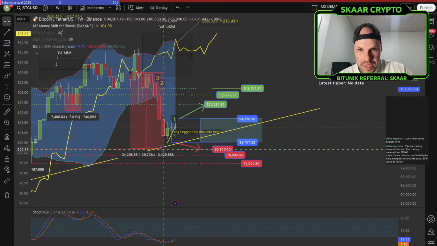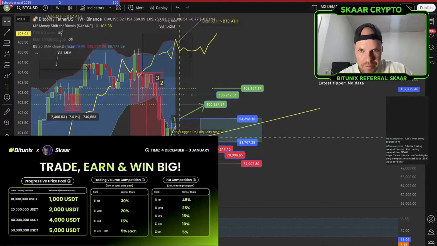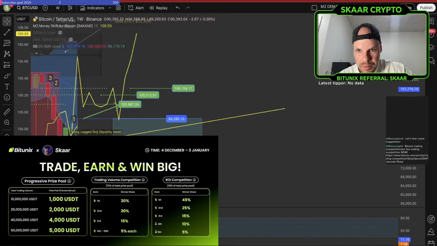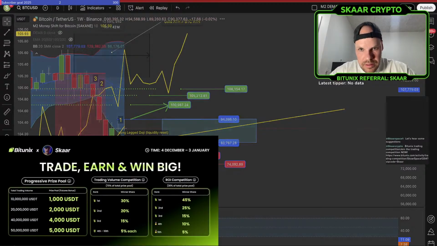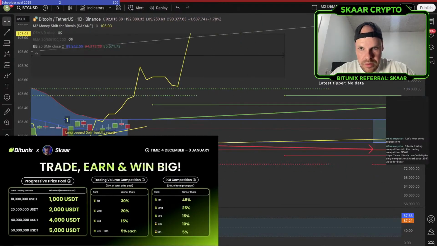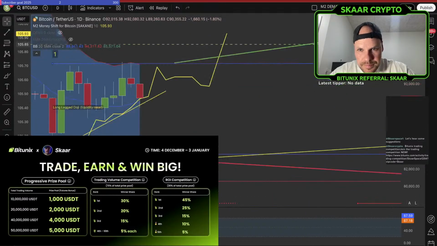Funny enough, we find some support and we start ranging. We have the indecision leg here, and within this, this whole week we have been ranging perfectly within that leg. That wick, that doji candle, whatever you want to call it.